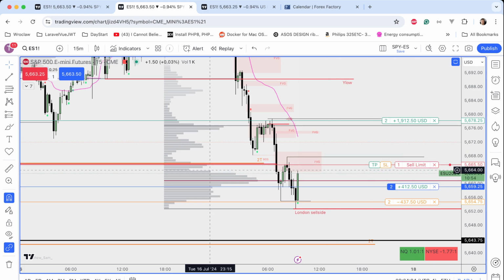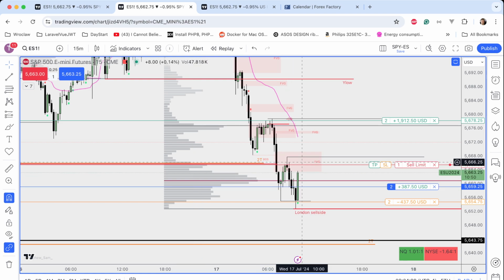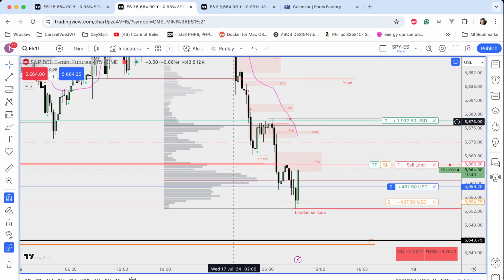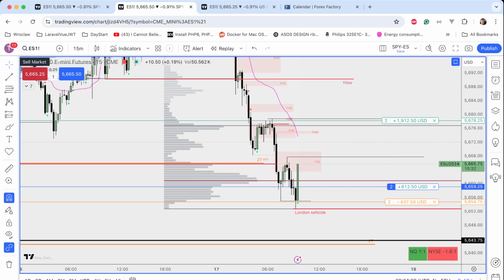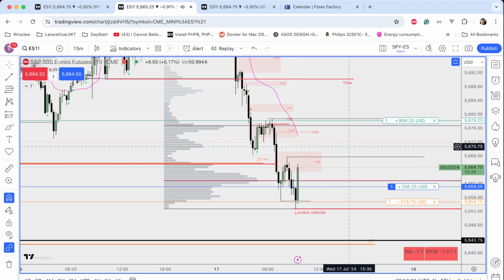I'm looking at this volume profile and I see that they could push into that level. Are you gonna do it? I'm gonna have to. Push. Good. All right. We got the second one.